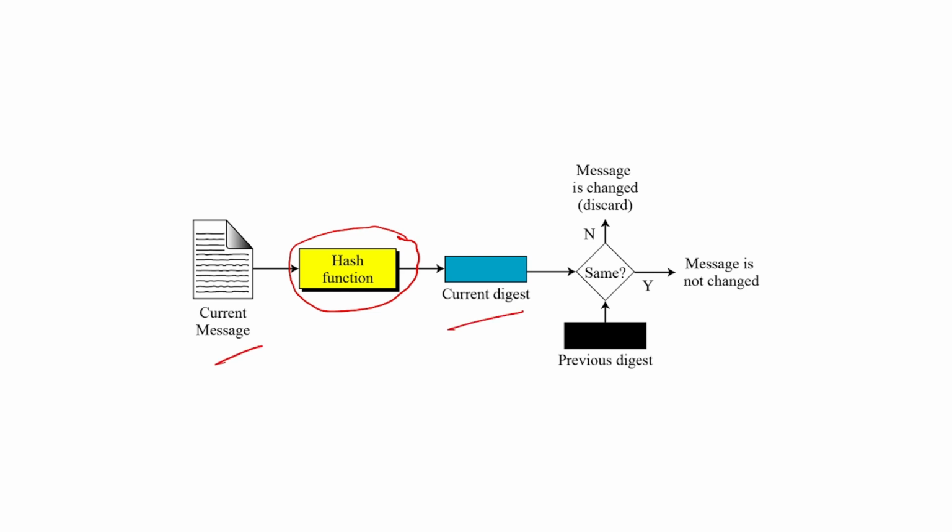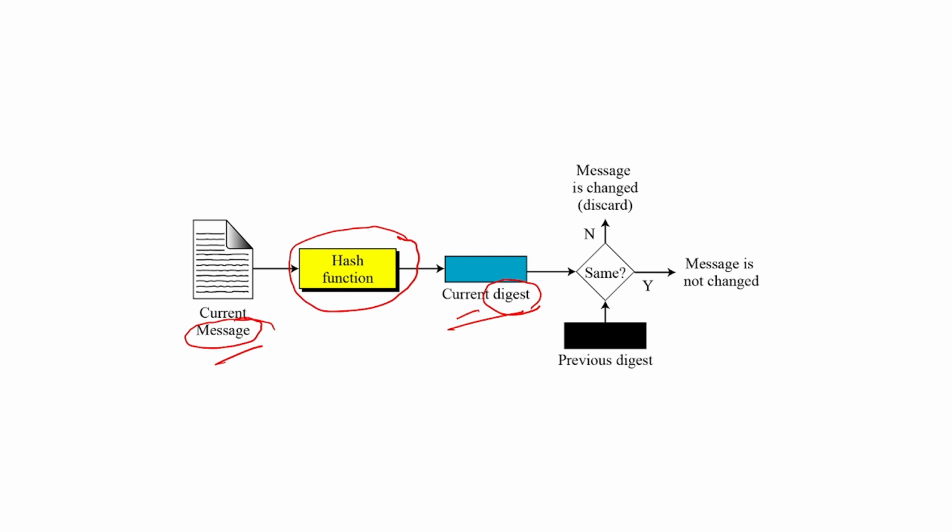The fixed length message is called the message digest. The original message can have any size, so it is a variable length message. Whatever the message size is, that message will be converted to a fixed length message. That is the hashing algorithm.